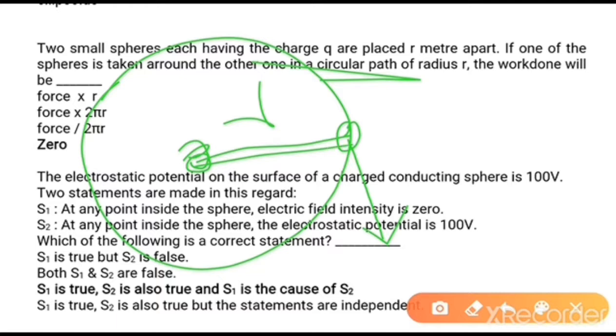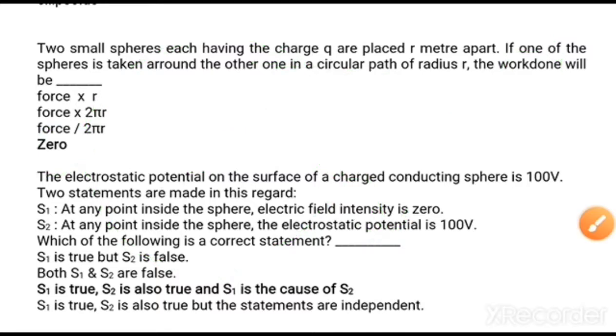Force is along the line joining the two charges and the displacement will be along the circular path, so both are mutually perpendicular. We know the formula for work done W is equal to F d cos theta. Here theta equal to 90 degree, so cos 90 degree equal to 0, so work done will be 0. So 0 will be the correct answer.